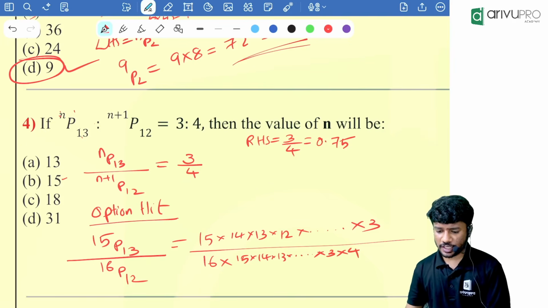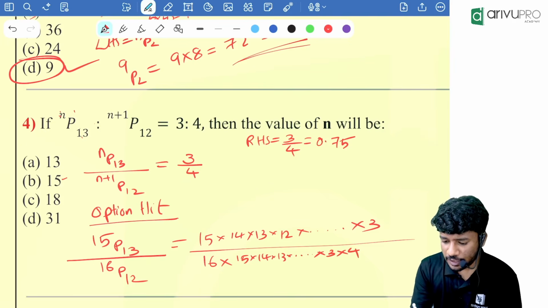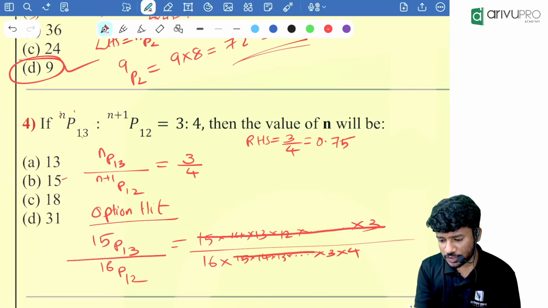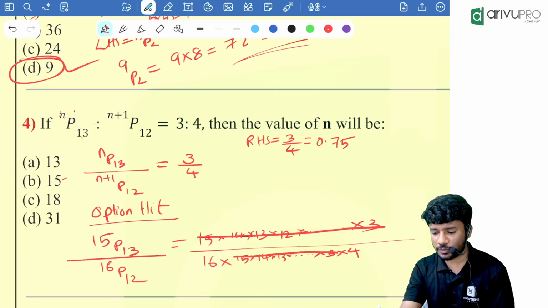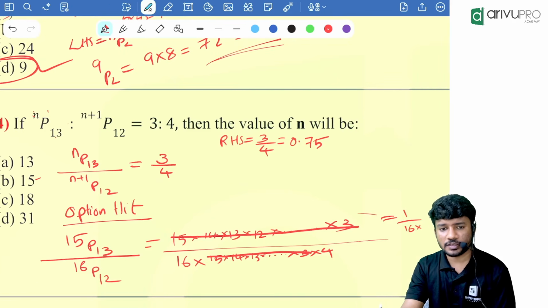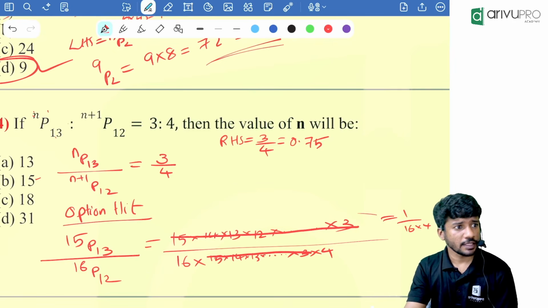Now, what all things are getting cancelled off? 15 into 14 and so on till 3 is getting cancelled off. What is remaining? 1 divided by 16 into 4. That is remaining. Is that the answer? Yeah.